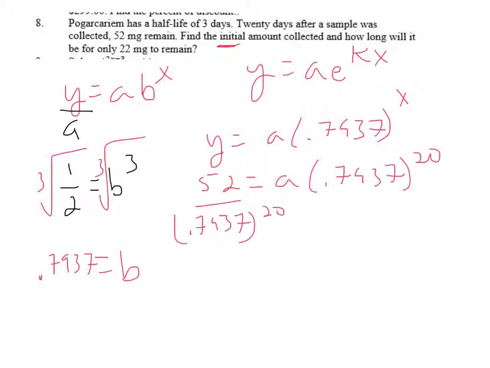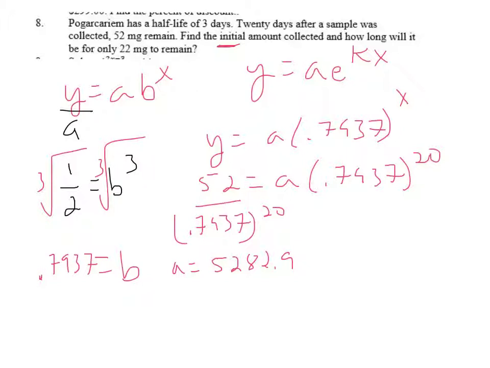That'll tell me what my A is, and I came up with A being equal to 5,282.9. I mean, I could do some rounding there.